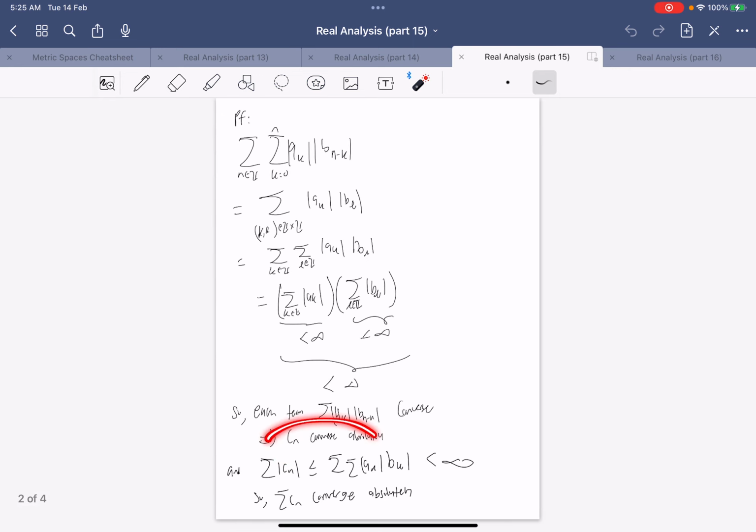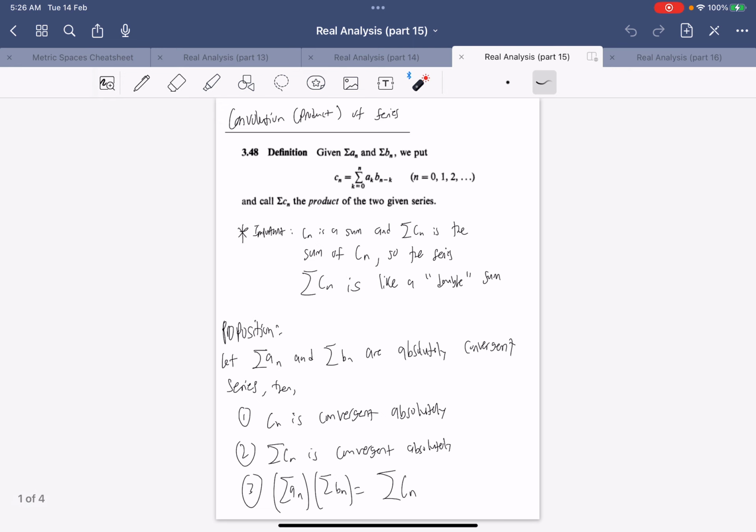Because c_n converges absolutely, the summation of the modulus of c_n will converge, and this shows that the series converges absolutely as well. Then the product will really be the series a_n times the series b_n. This proves the proposition that if you know that a_n and b_n converge absolutely, then the convolution will converge absolutely.